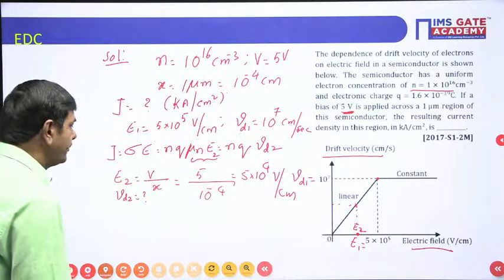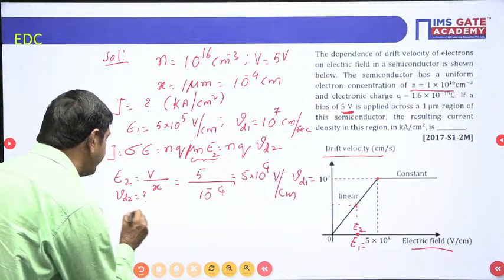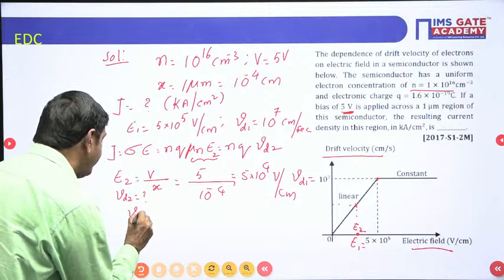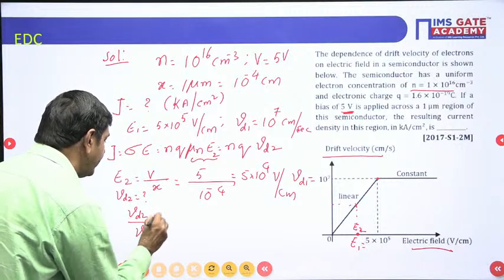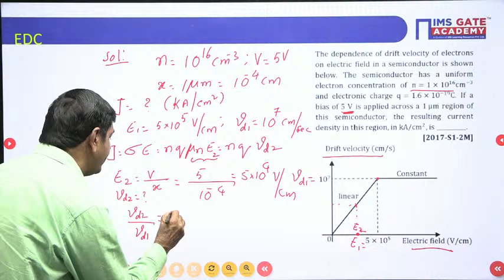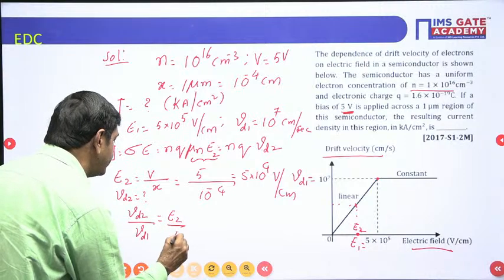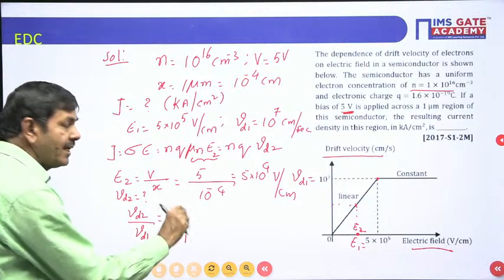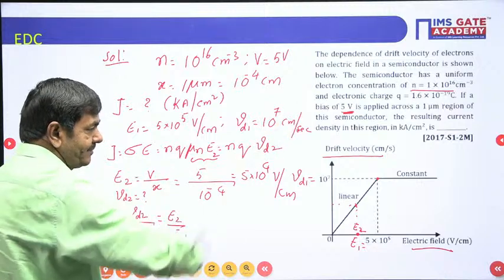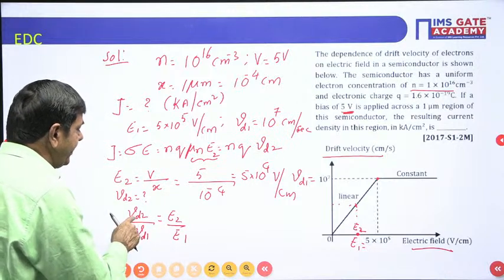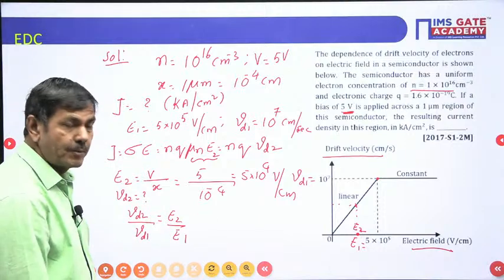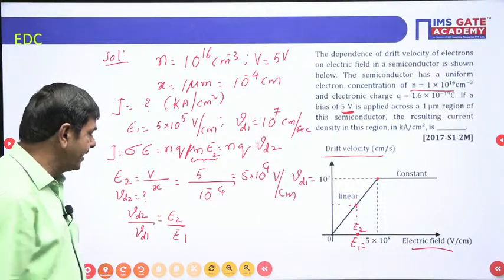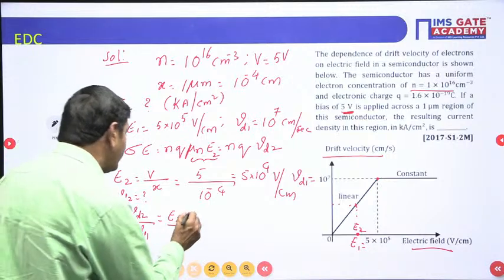VD2 by VD1 equal to E2 by E1, I can form. Why is it taken? It is linear only, so VD2 is directly proportional to intensity. The proportionality constant is equal for both, we can cancel it now. And I wish to find VD2.